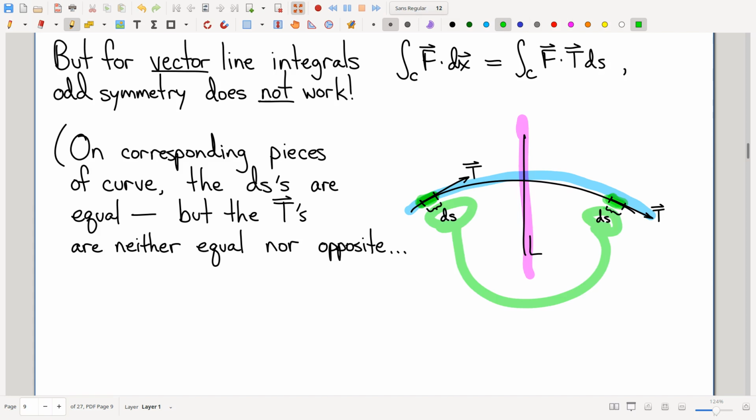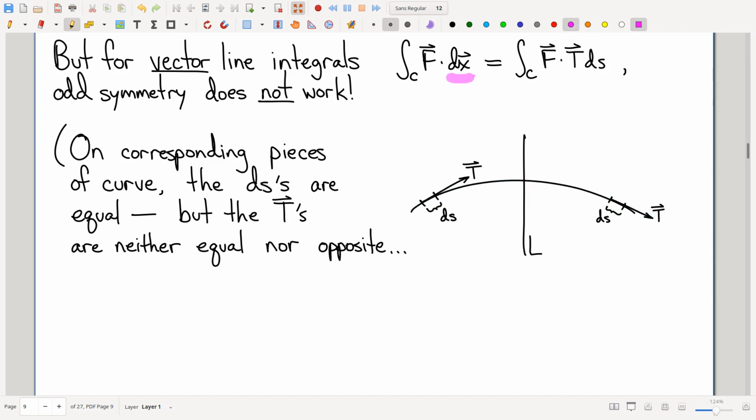Kind of feels like something's going to come together here, but the problem is that in this picture, our integrand is not ds. Our integrand is T ds, right? This T vector, I'll use blue. Okay, so this T vector, part of the integrand, part of the story.